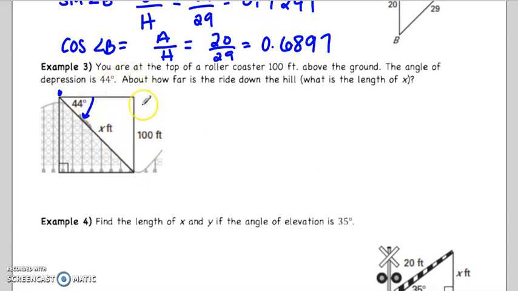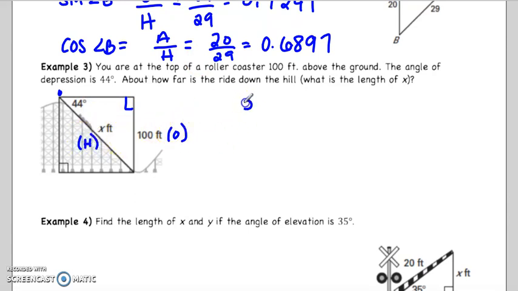So when you are looking at something like this, you have to keep in mind what you're given. And this is going to form a right angle with a line of sight going down. So according to the reference angle 44, we have the opposite, and we're looking for x, which is considered the hypotenuse.